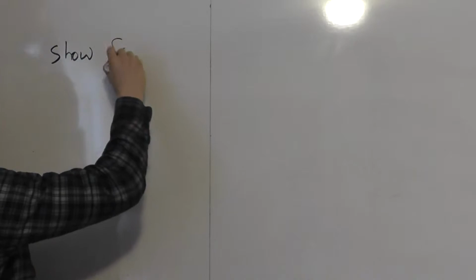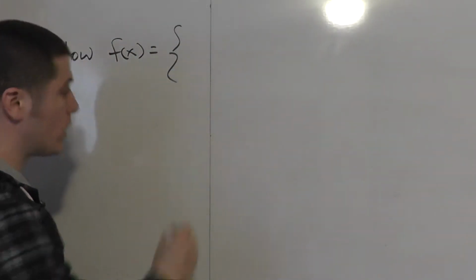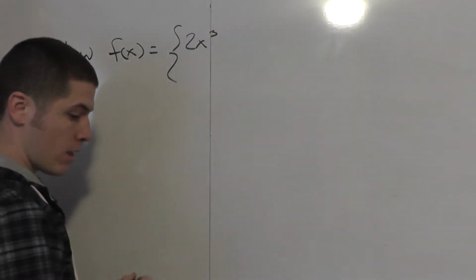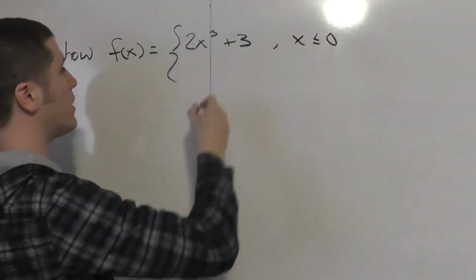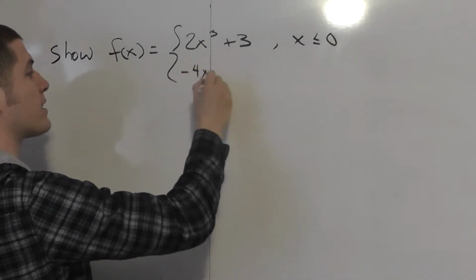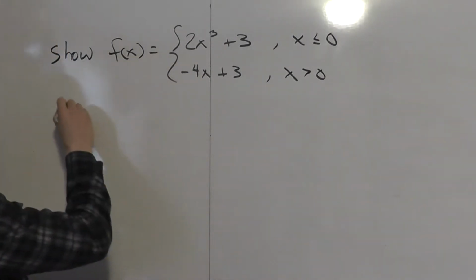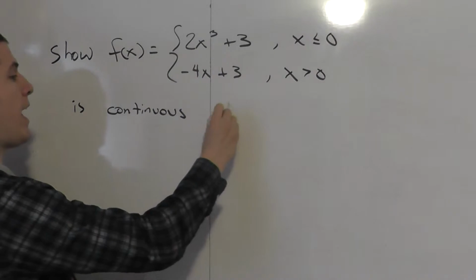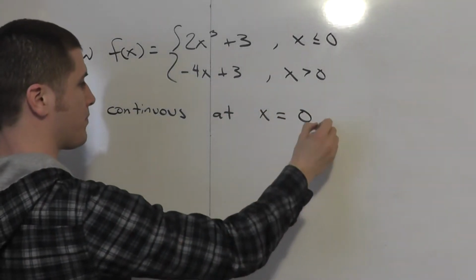Show f of x equal to 2x cubed plus 3 for x less than or equal to 0, and minus 4x plus 3 for x bigger than 0, is continuous at x equals 0.